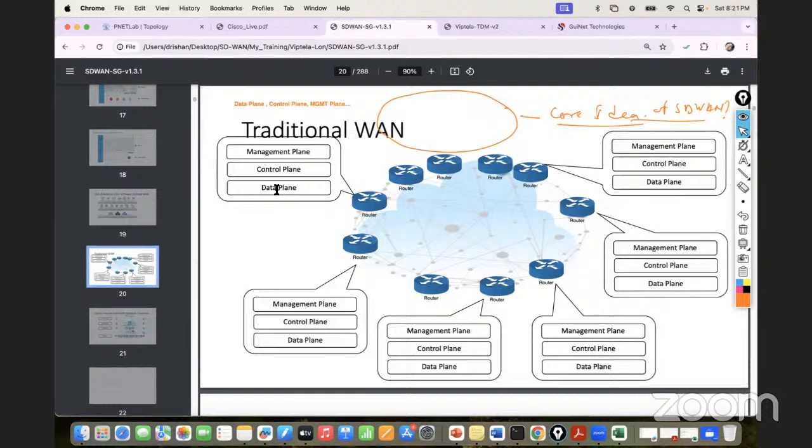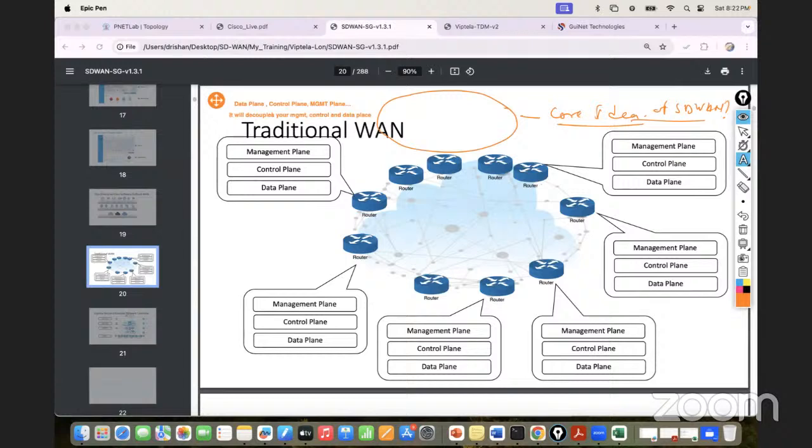But if I talk about the SD-WAN core idea, it is going to decouple. Let me write here. It will decouple your management, control, and data plane. Simple. It means the management plane, data plane, and control plane are all going to be decoupled.